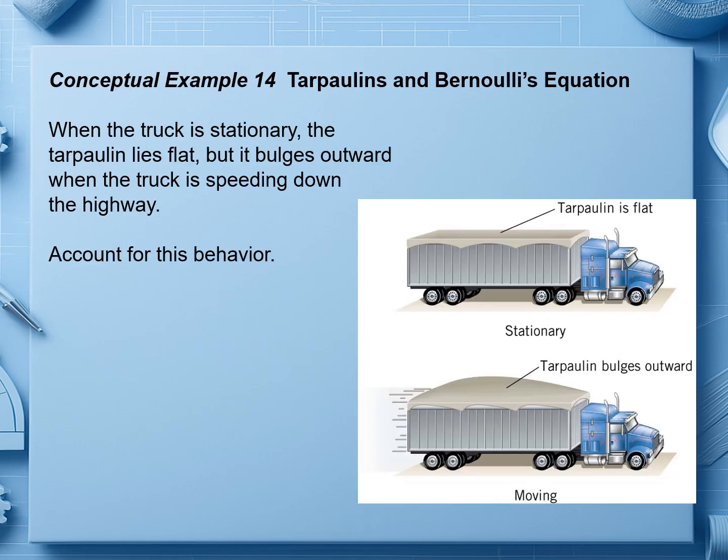Okay, when the truck is stationary, the tarpaulin is flat, but when moving, air moves faster over the top, reducing pressure and causing it to bulge outward. So this is an application of Bernoulli's principle.